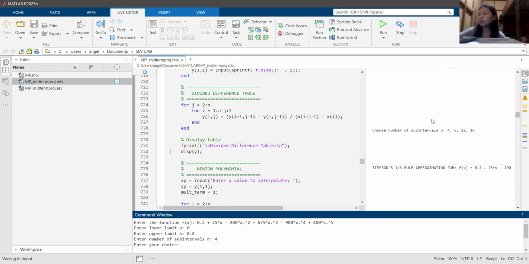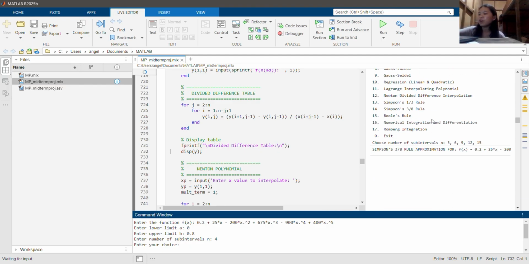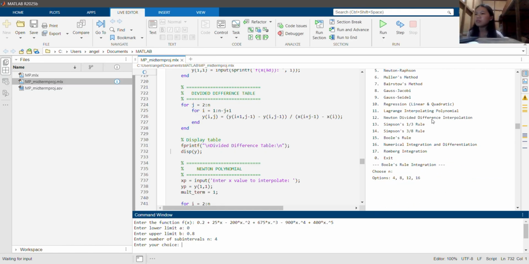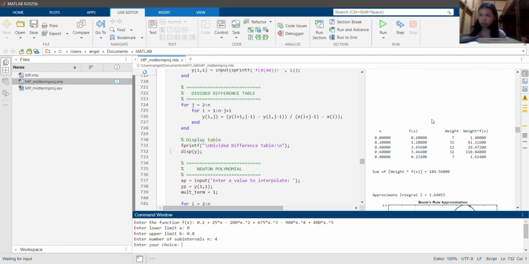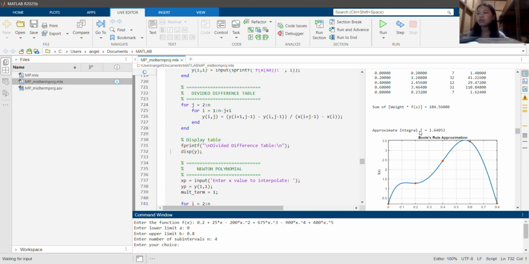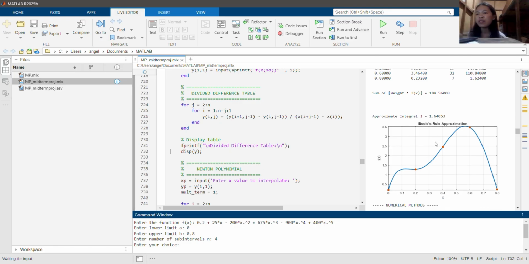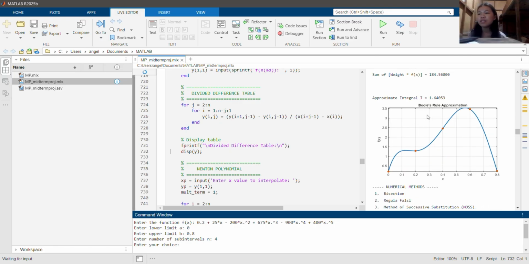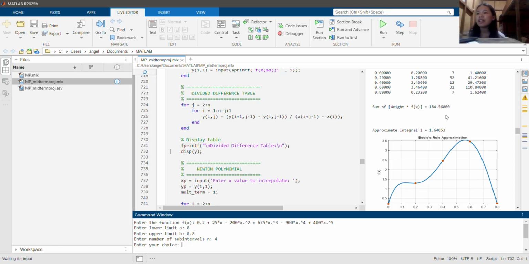And the number of subintervals n is 1. Here, the sum of weight times f of x is equal to 184.56000. And the approximate integral I is equal to 1.64053. And below it is our Boole's rule approximation.